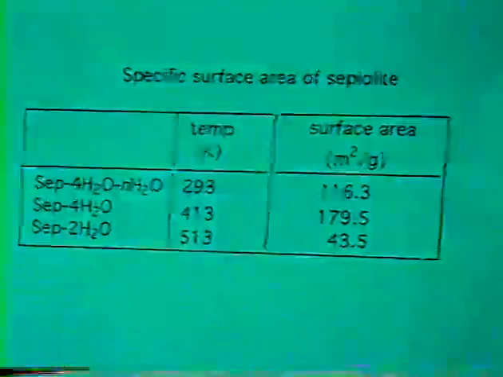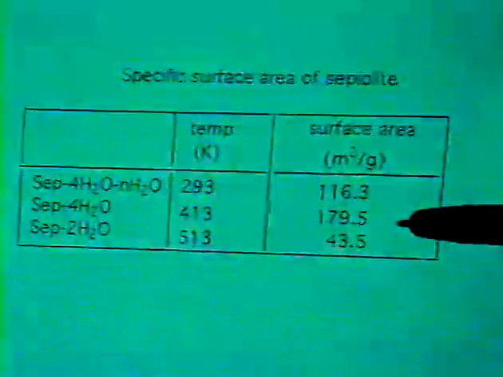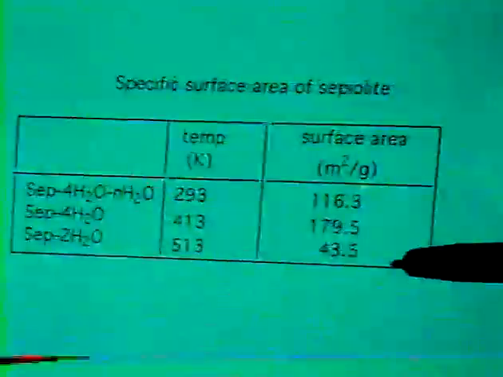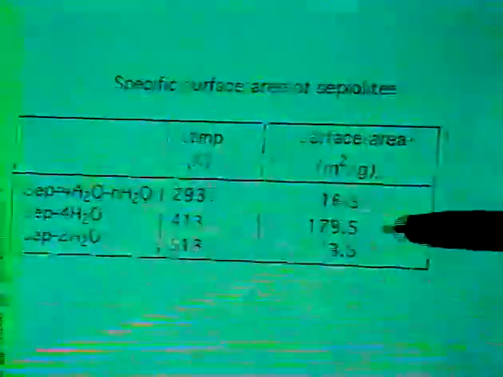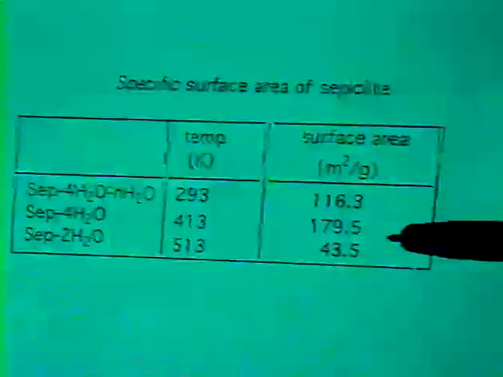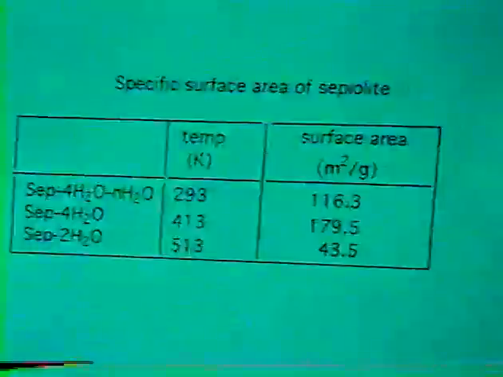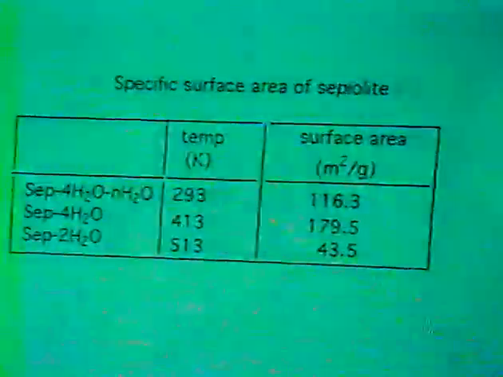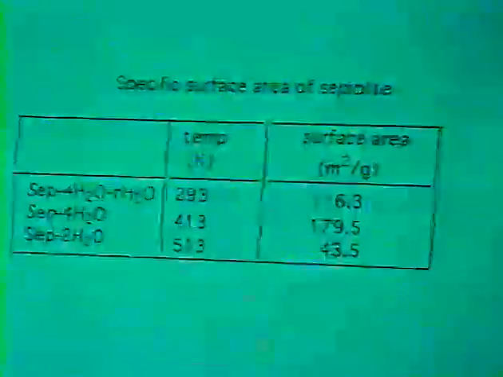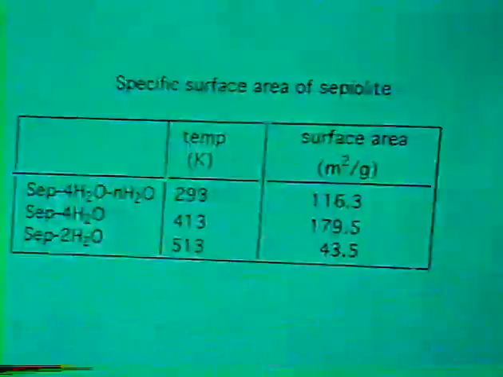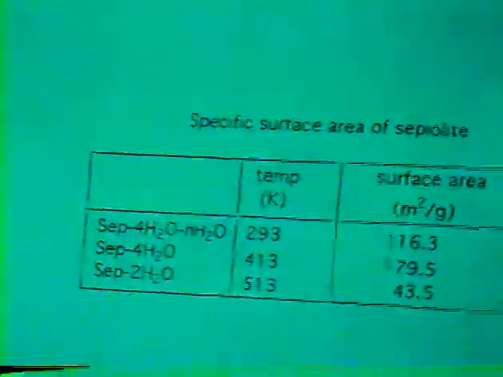The sample containing zeolitic water has a smaller specific surface area than sepiolite tetrahydrate, and when two coordinated molecules are dehydrated, a drastic change of surface area occurs. We use in this experiment sepiolite tetrahydrate.